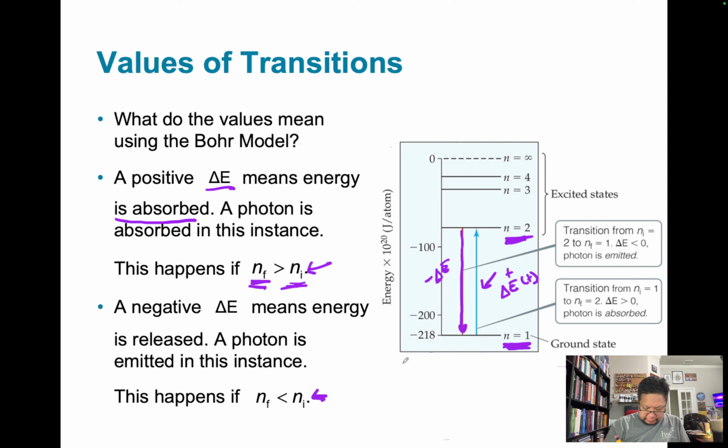So 1 is less than 2, and so it's true. So the big thing there is, when energy is absorbed, you've got a positive change in energy, right, and then the final n will always be greater than the initial n. Whereas when you have a negative change, what's happening there is you're releasing some light or emission, okay, and when that happens, the final n will always be smaller than the initial n, right?